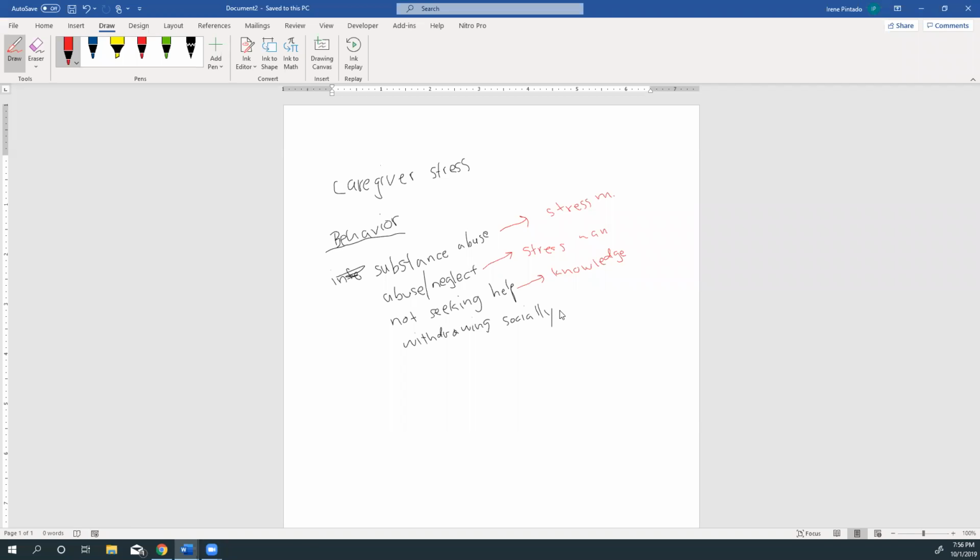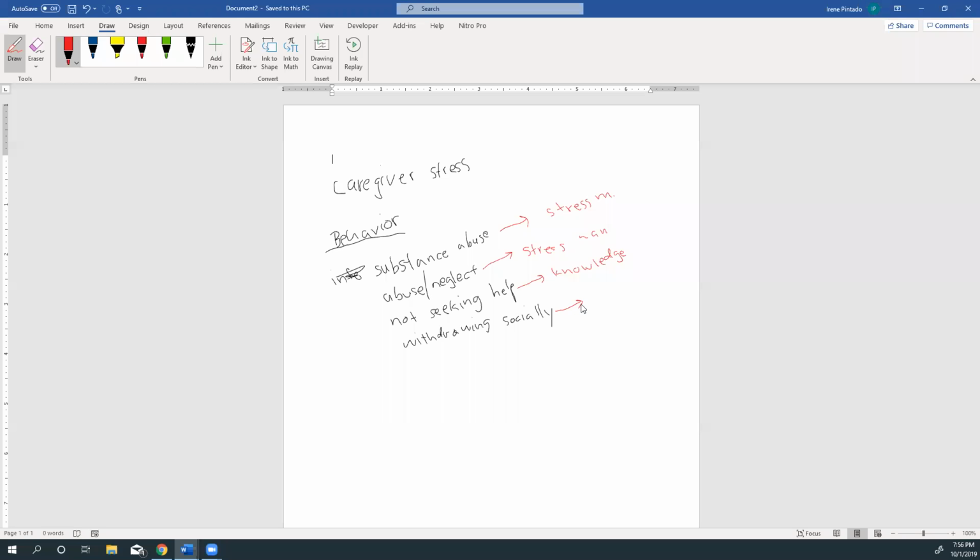And what about withdrawing socially? So social isolation, which feeds abuse and neglect. Would this fall under helping them seek out respite care for their loved one that they're taking care of, so that they could have a break?